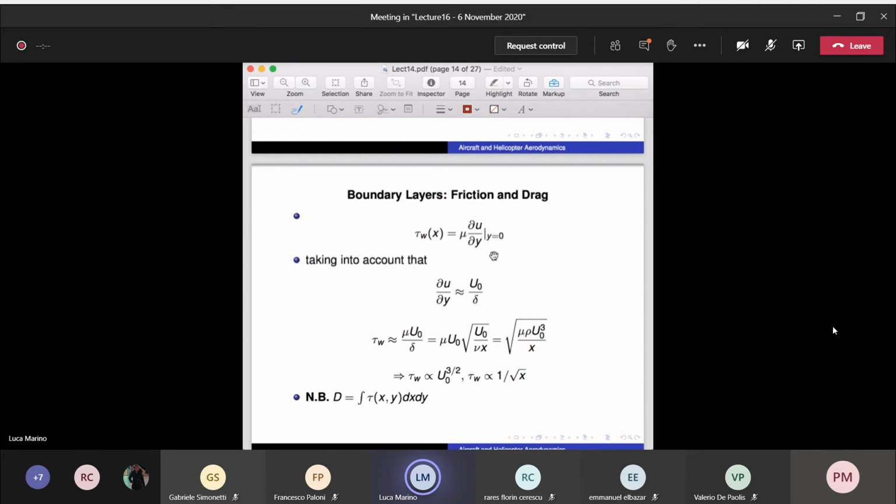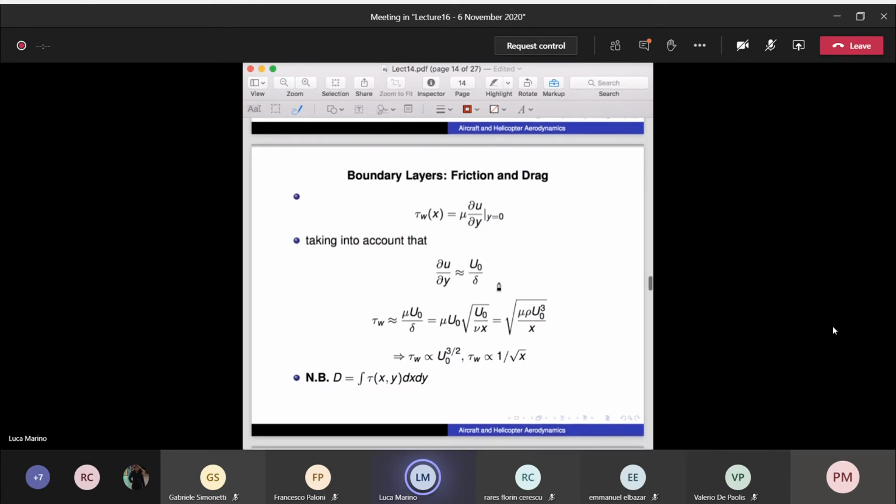So this is a Newtonian fluid, so the shear stress is related to the dynamic viscosity times the normal derivative, the normal gradient, evaluated at the wall. Okay, so this is the shear stress at the wall. By definition, if you make the integral of the shear stress, like it is written here, you will have the friction component of the drag.